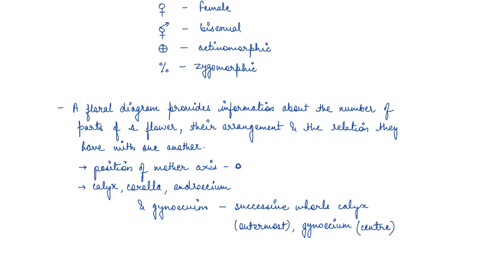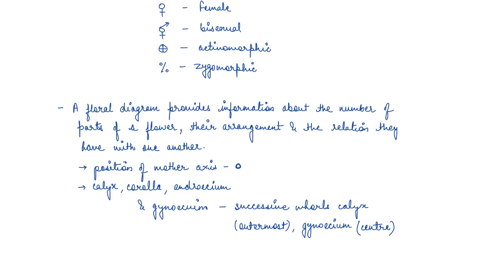So remember, the position of the mother axis with respect to the flower is represented by a dot, and this dot is basically on the top of the floral diagram. Then the parts of the flower, calyx, corolla, androecium, and gynoecium, are drawn in successive whorls, calyx being the outermost and gynoecium being the center one.